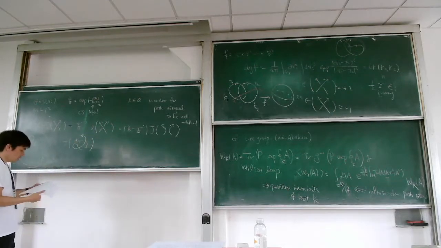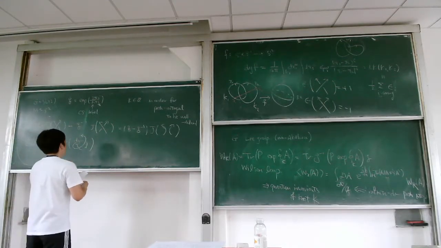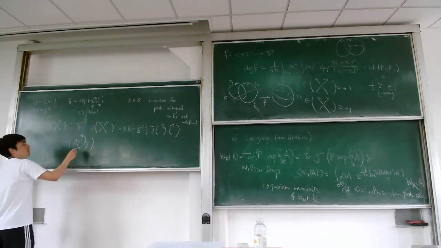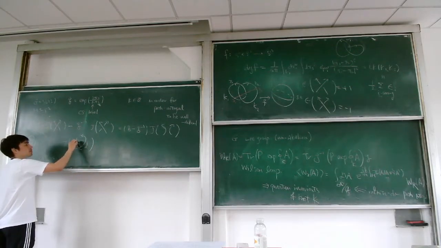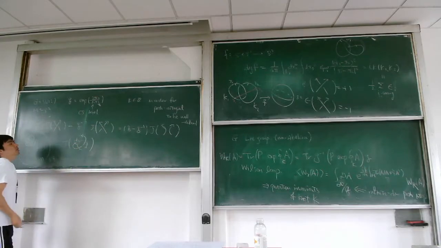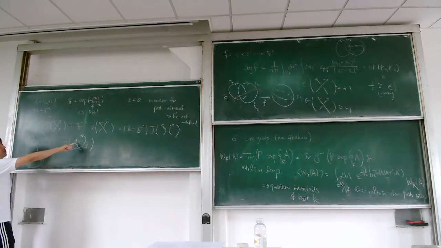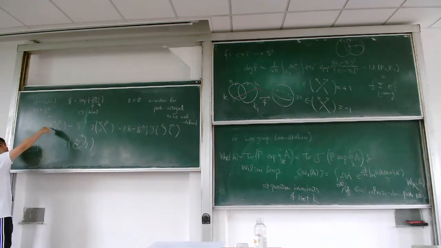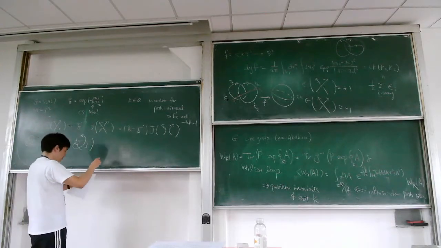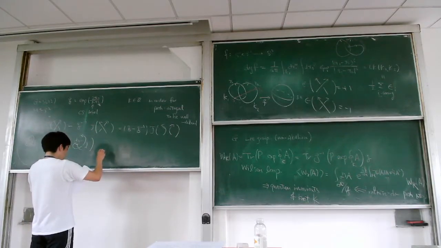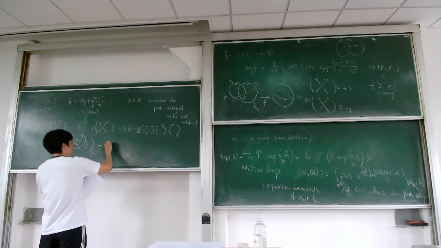Okay. So then what you have is that locally, this yellow part looks like this one. And therefore, this can be understood as q to the power.